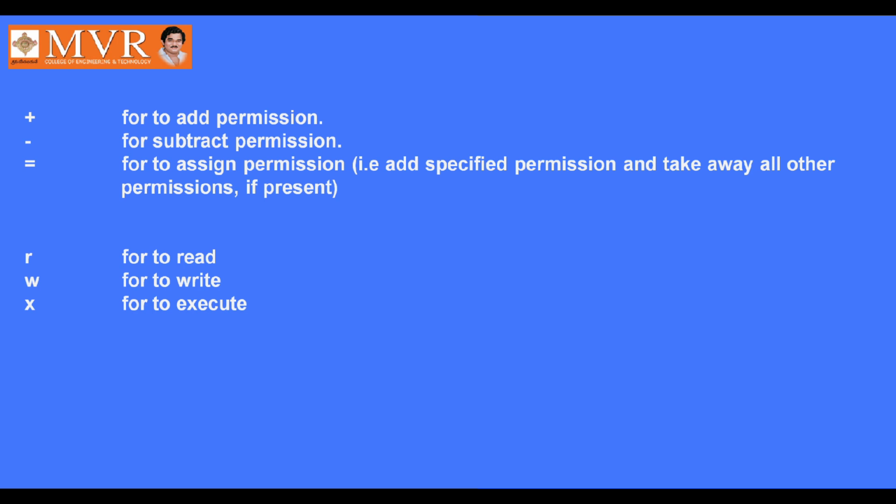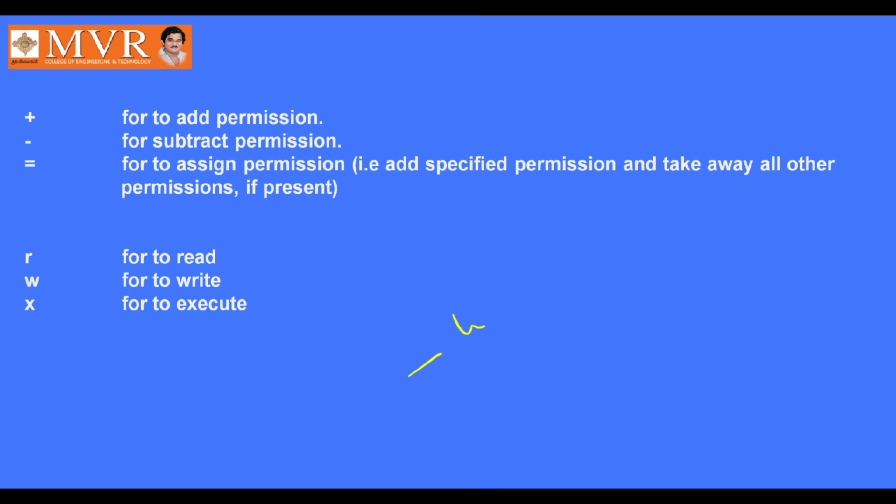If you use the equal to symbol to assign read permission, it will assign the read permission, but at the same time it removes write and execute permissions.